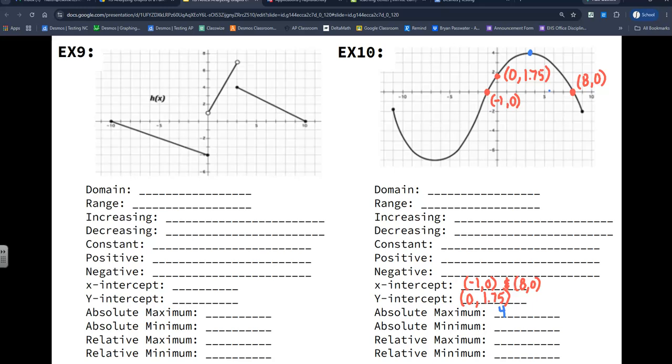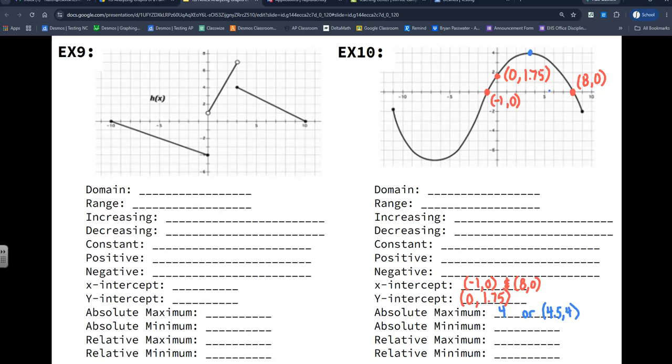It's the y that you're looking at. If they say where is the absolute maximum value, you might give the points. So you might have like, that looks like it's about 4.5, 4. So 4.5, 4. And a relative maximum, you're usually going to give the points. You're not going to give just the y value for that.